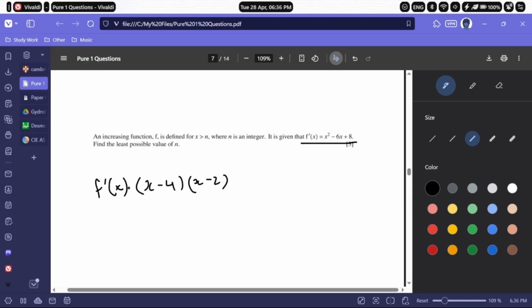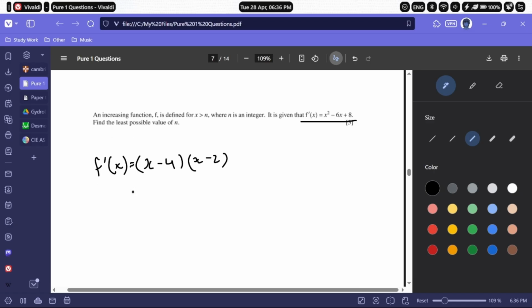Don't worry about what f of x is. Just look at f prime of x and make a rough sketch of it first. Your x intercepts, or roots, are 2 comma 0 and 4 comma 0, right?